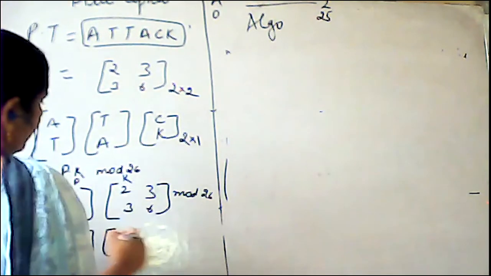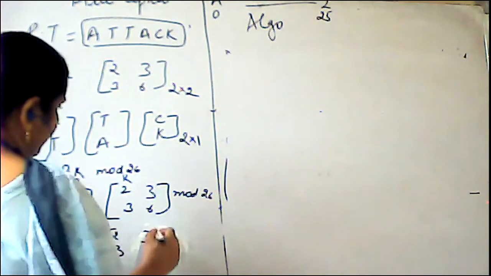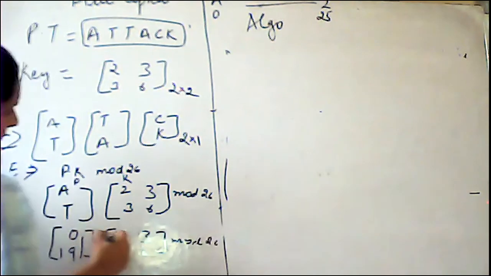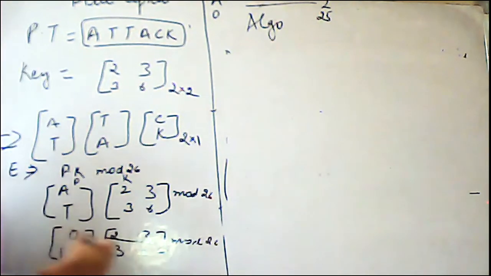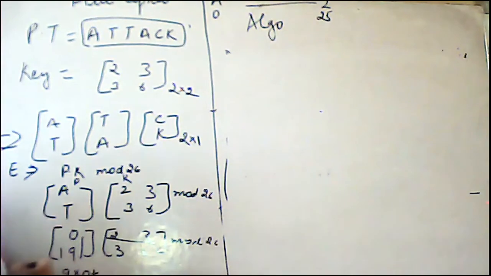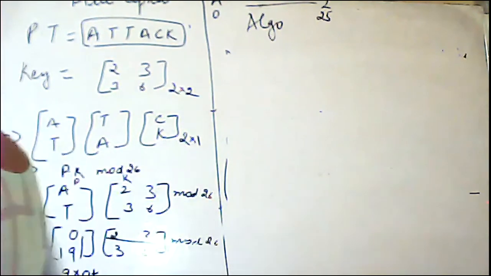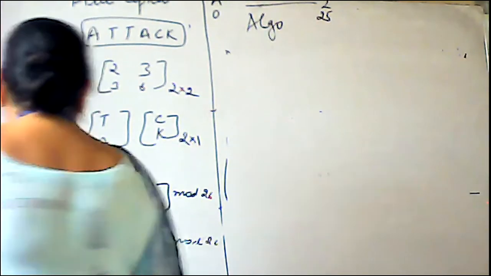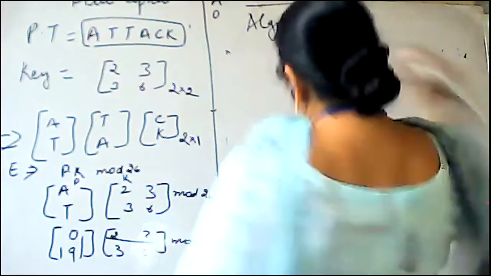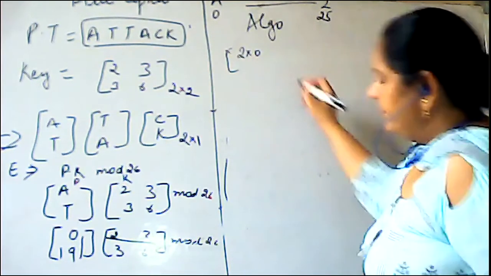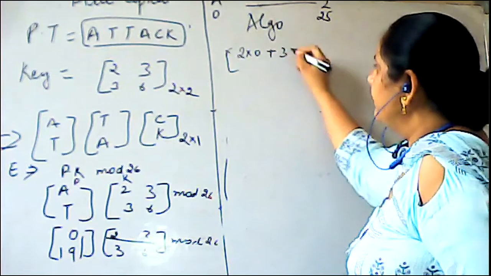And you are going to perform the matrix multiplication. First row with this column, and you will write 2 into 0. It is not visible, I think. So do it here. 2 into 0 plus 3 into 19.